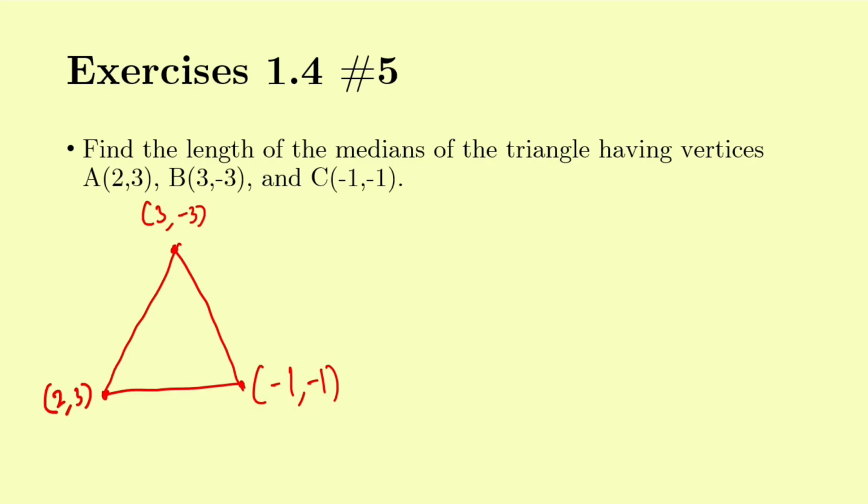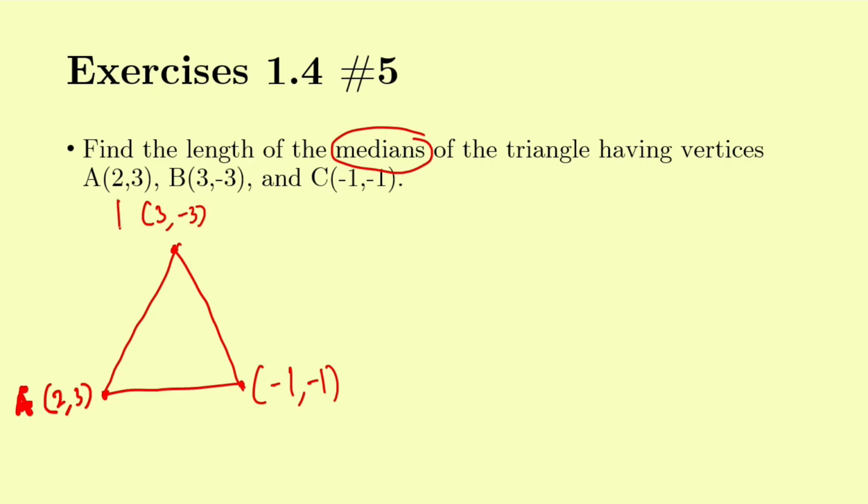We are looking for the medians of the triangle, meaning ito yung line segment connecting each vertex to the opposite side, wherein it bisects the opposite side. Meaning, for instance, ito si A, di ba?